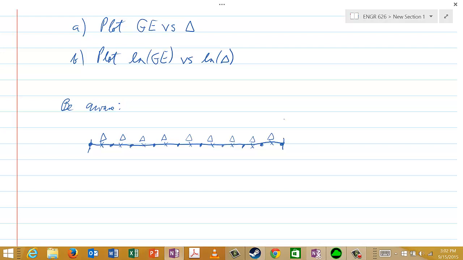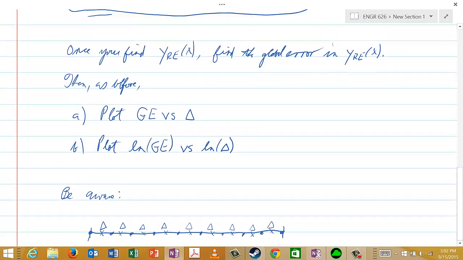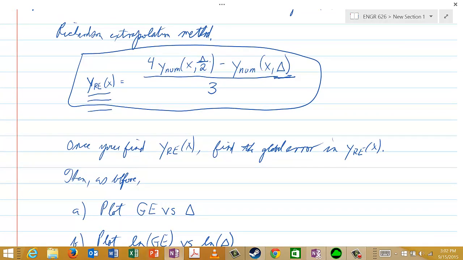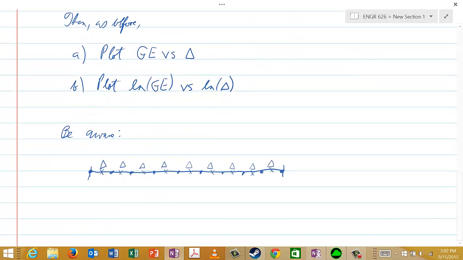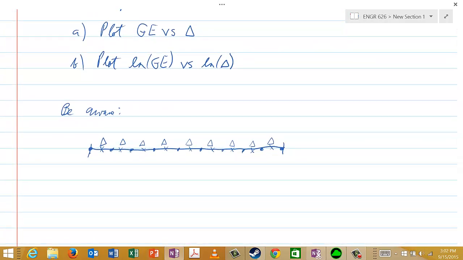But then the critical thing is, as we said just up here, you will need to take a linear combination of those two solutions that you have just obtained. Now think about that for a moment. The solution that you obtain with spacing delta, you will obtain values only at these solid circles, because those are the only nodes you have in calculating that solution.